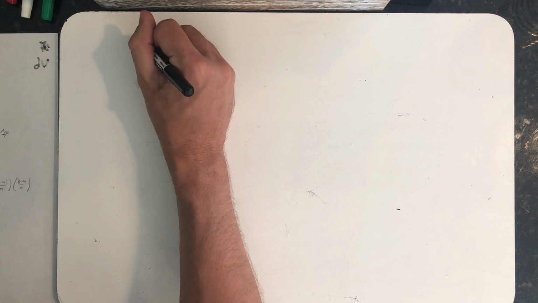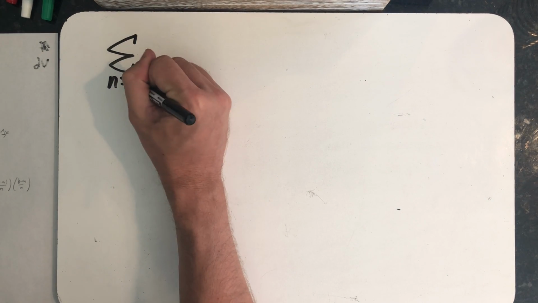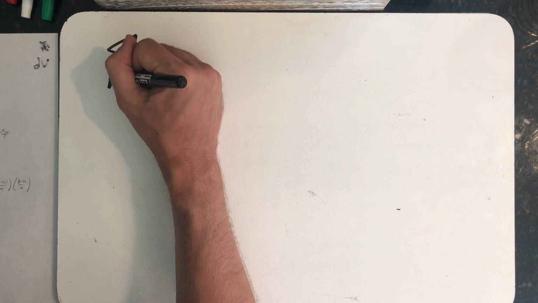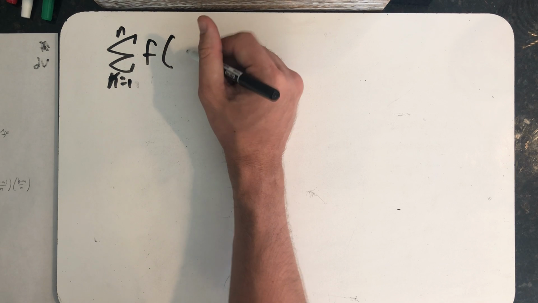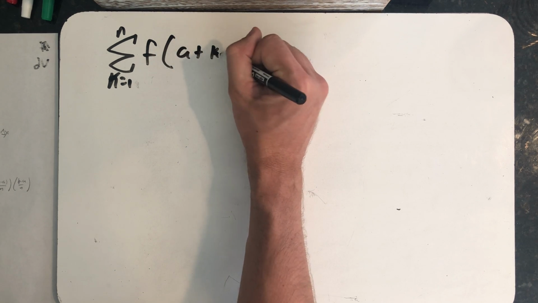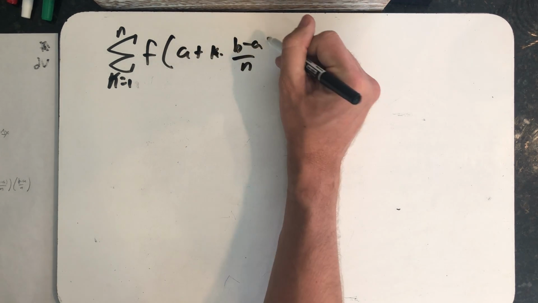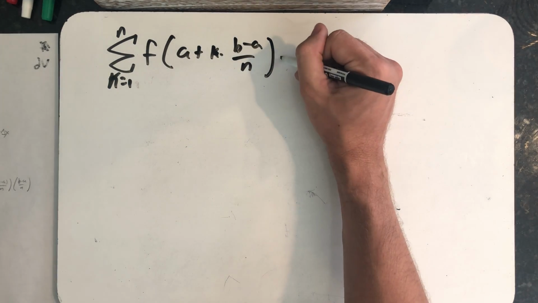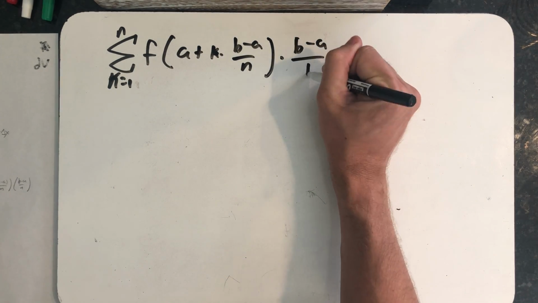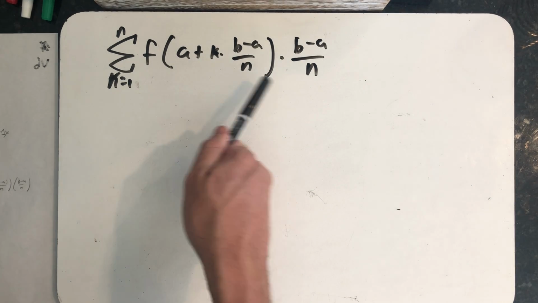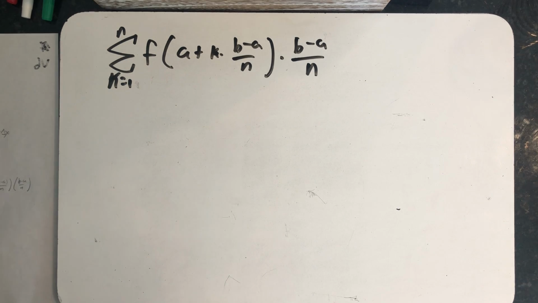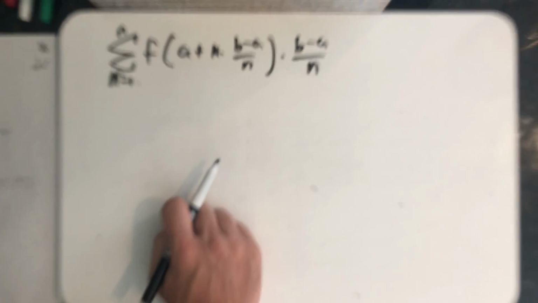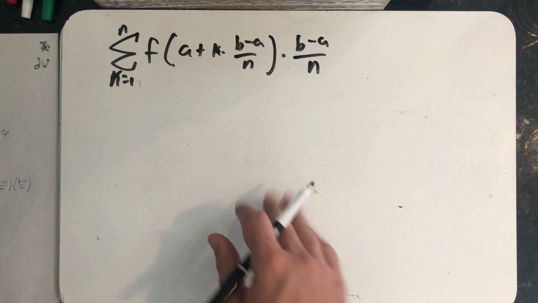And that would look something like this: a sum from k equals 1 to n of f of, and my formula for the right-hand endpoint on the inside of the function, times delta x. Given a value for n, this would approximate the area under a curve. Letting n go to infinity, I should find the actual area. We'll do an example in the next video.